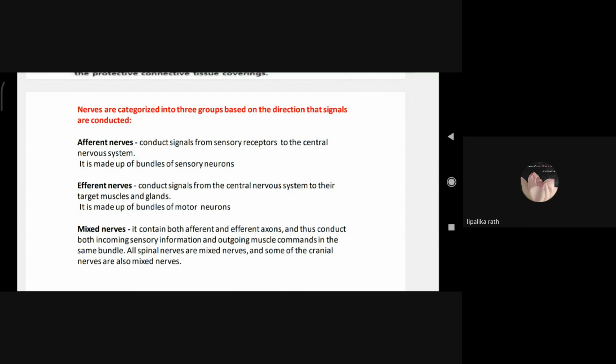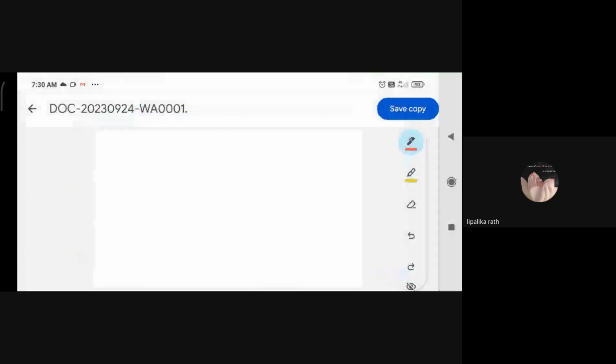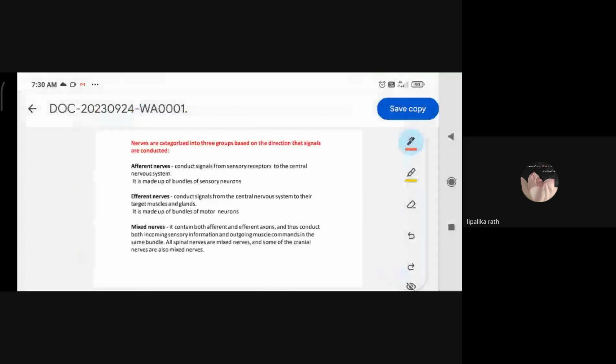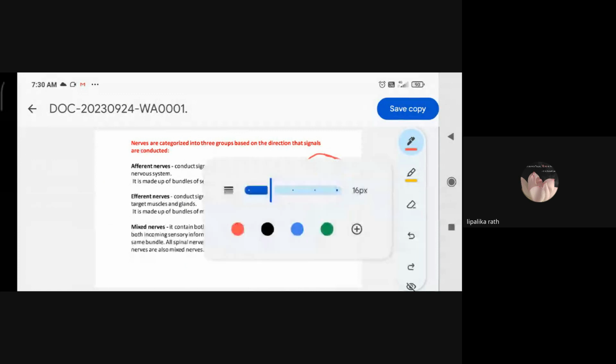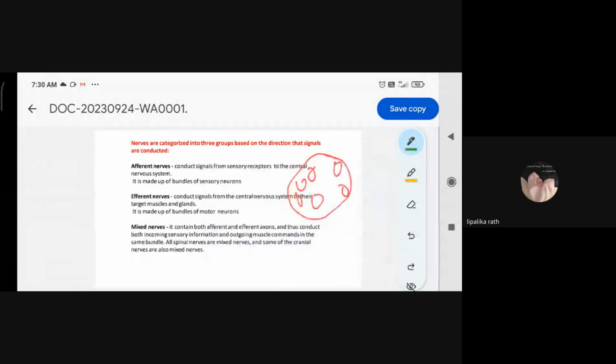Means, for example, suppose this is a nerve bundle and this is a mixed nerve bundle. So in this mixed nerve bundle, some of them will be sensory and some of them will be motor.